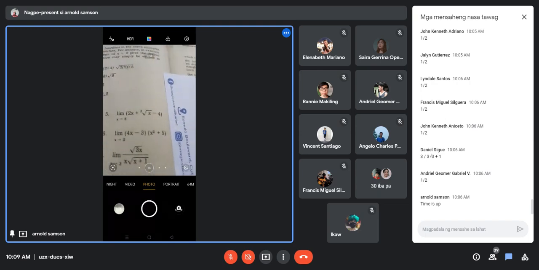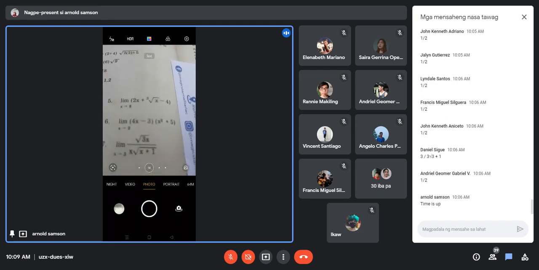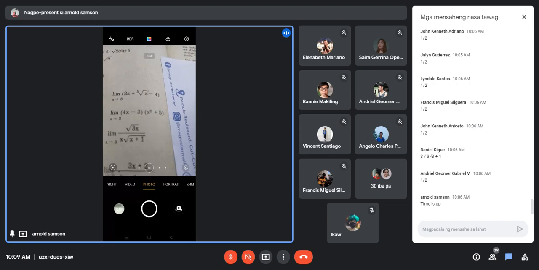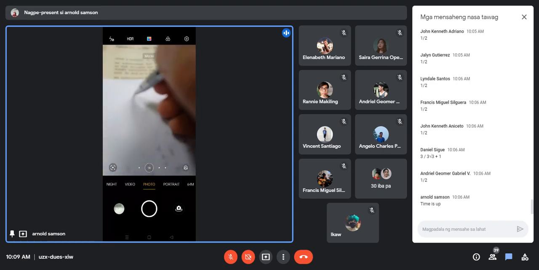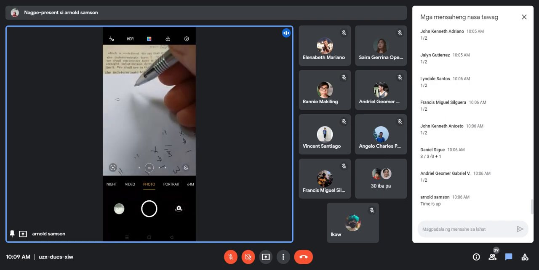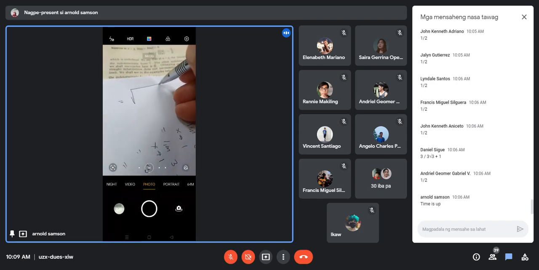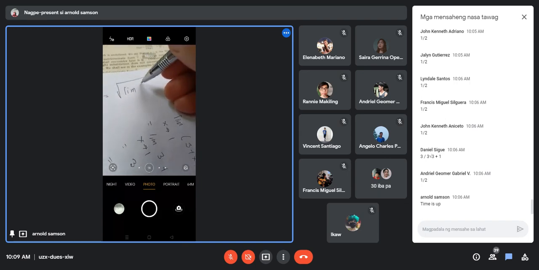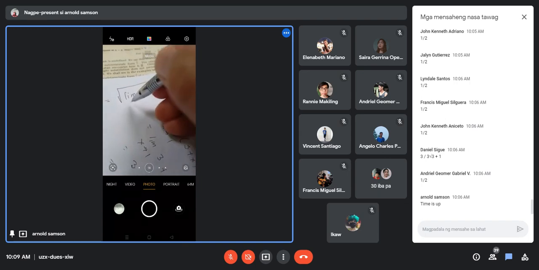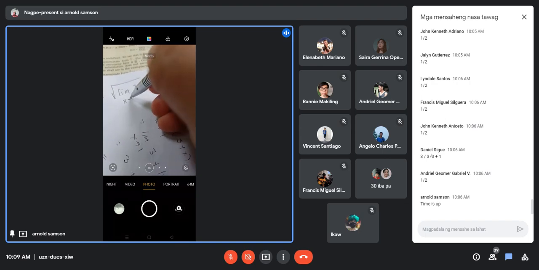Okay, so if we look at it, the limit of square root of 3x. When we put it in, we put the limit inside, the limit of 3x when x approaches 3.